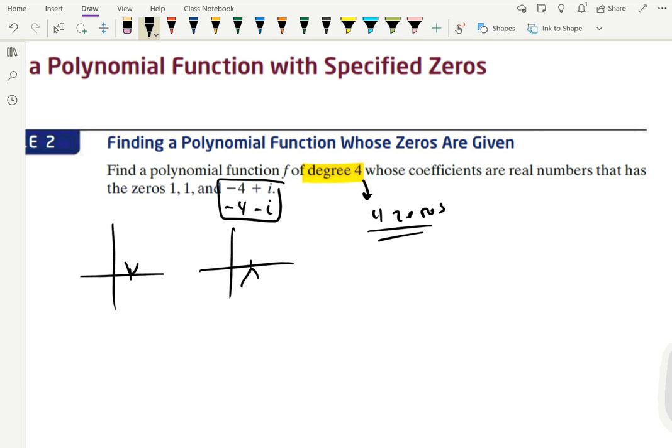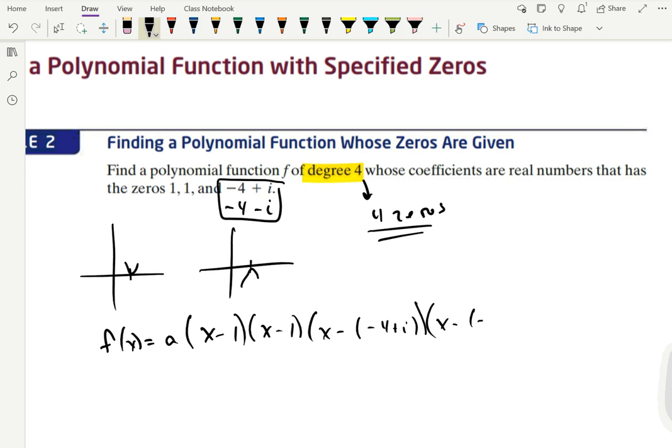Now we can say that f of x is going to be some leading value that we can multiply through, multiplied by x minus a root, in this case 1, x minus the next root, in this case another 1, x minus negative 4 plus i, multiplied by the next root, x minus negative 4 minus i.